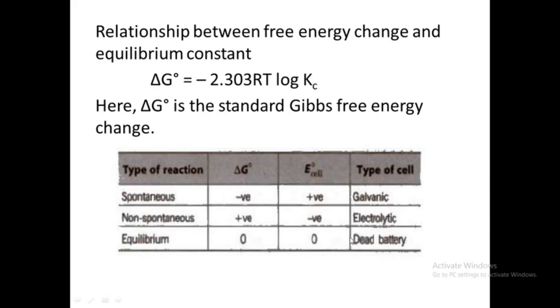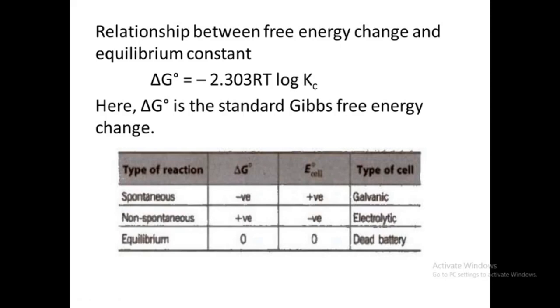When the cell reaction is spontaneous, the cell is known as a galvanic cell or electrochemical cell. That means in this cell chemical energy is converted into electrical energy. Similarly, when the cell reaction is non-spontaneous, the cell is known as an electrolytic cell.